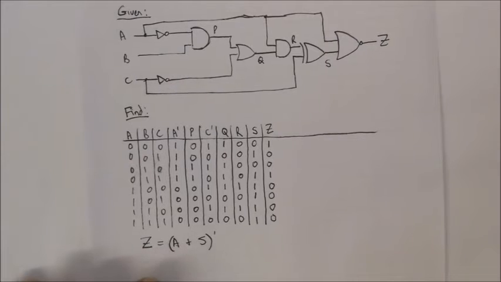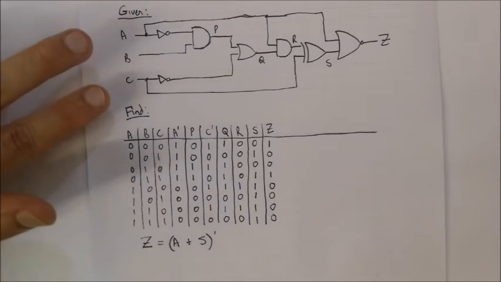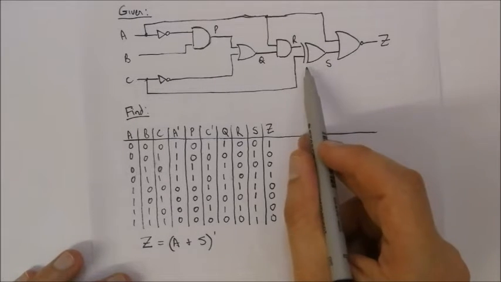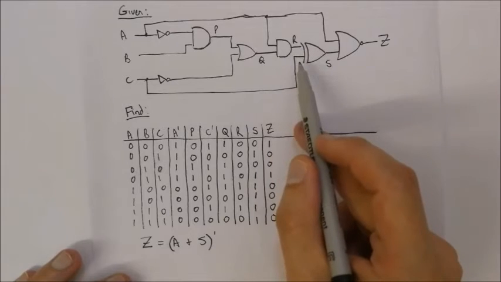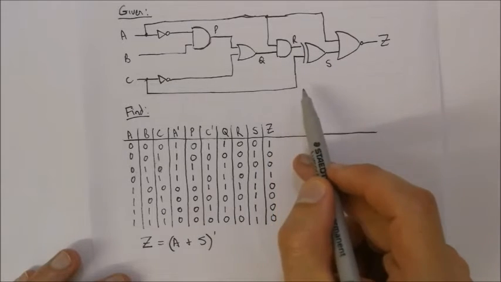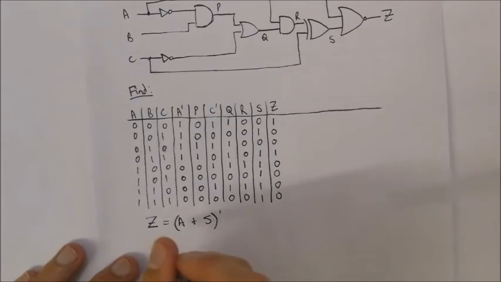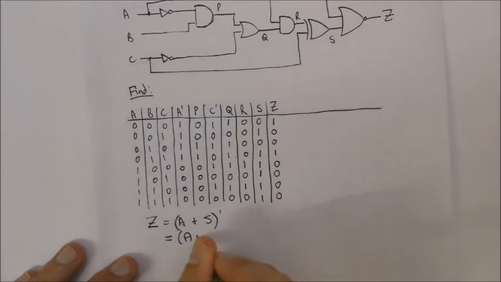But S is not one of our inputs, it's not A, B, or C. So we've got to expand S. If you look over here, S is equal to R XOR C, or C XOR R. So we can say in this expression that's equal to A plus, where S is C XOR R, and that's all NOT.